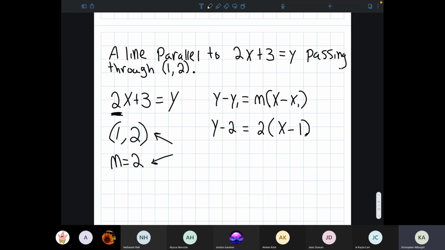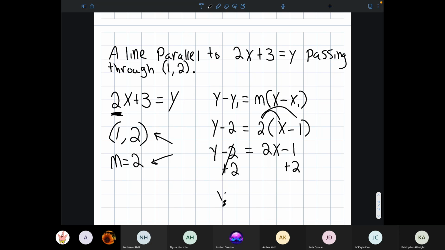I'm going to do that first by simplifying on the right side and then adding my 2 across. So I'm going to multiply this 2 in, and I'm going to add this 2 across. y equals 2x plus 1.